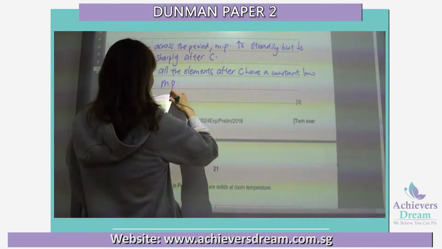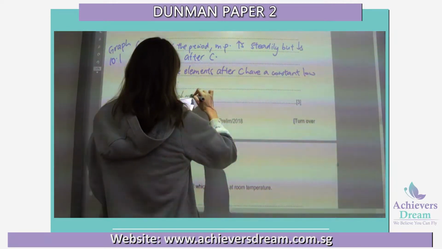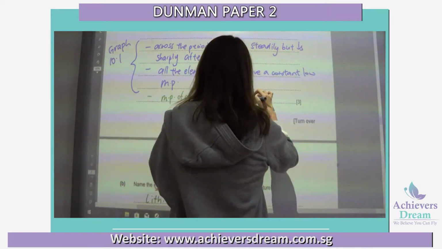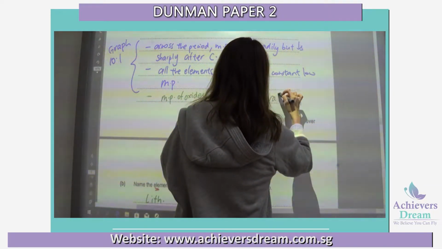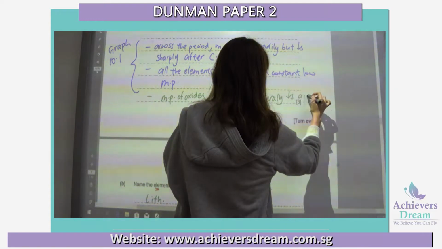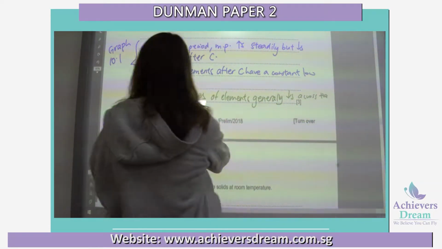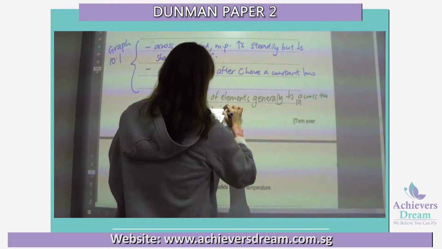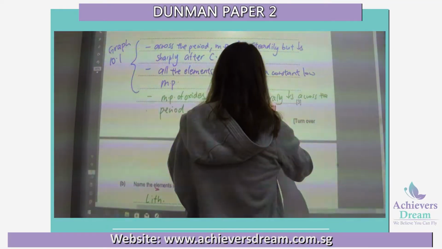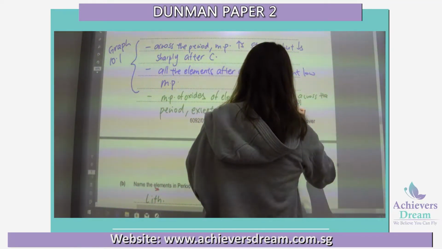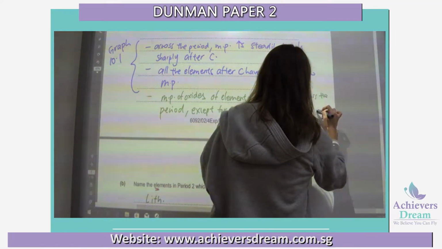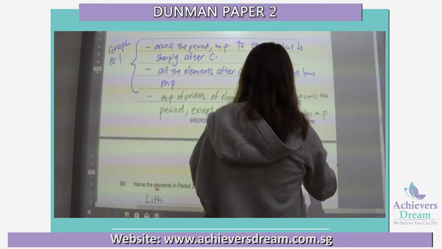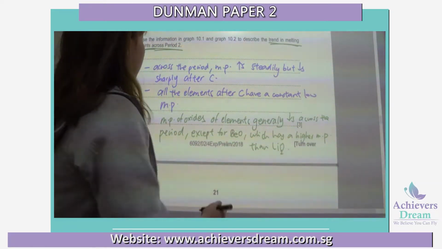So melting point of oxides generally decreases across the period except for beryllium oxide, which has a higher melting point than lithium oxide. Okay, so this is how you answer this question.